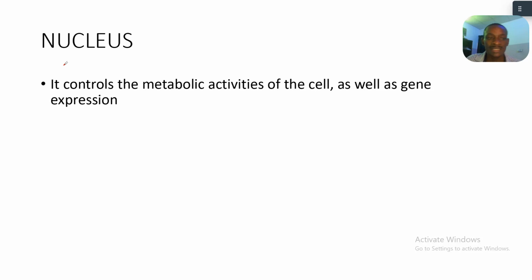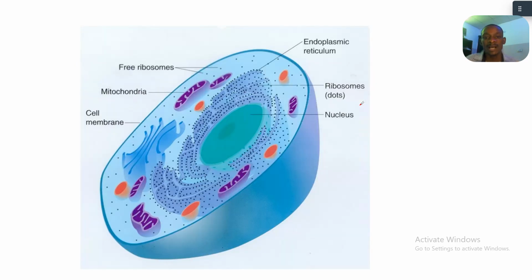Next, the nucleus controls the metabolic activities of the cell as well as gene expression. The nucleus will fill in the gap in the regulation of the metabolic activities of the cell. First of all, let us locate the mitochondria and the nucleus. This is the mitochondria, and this is the nucleus.